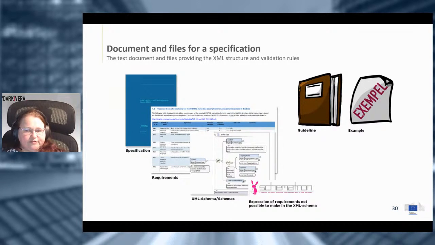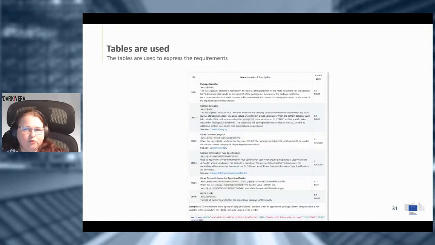So a specification has connections with other things. When we read the tables for the requirements, you need to have your eye out for some parts here. So we have a column with the IDs. Which requirement is it that you are trying to fulfill? And we have the name, location, and description.